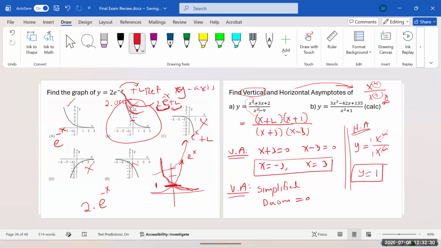3 scenarios. If m is bigger, no horizontal asymptote. If m is smaller, then it's y equals 0. Three rules.